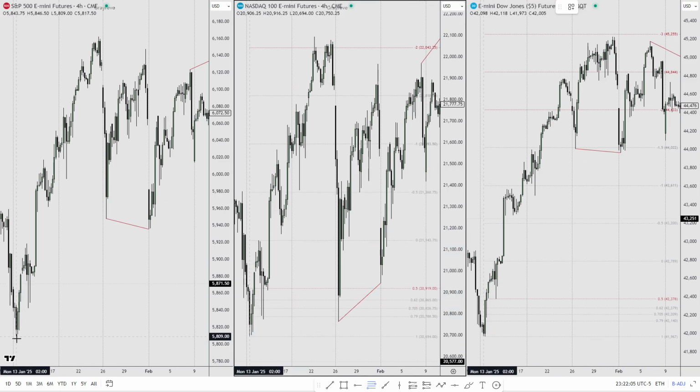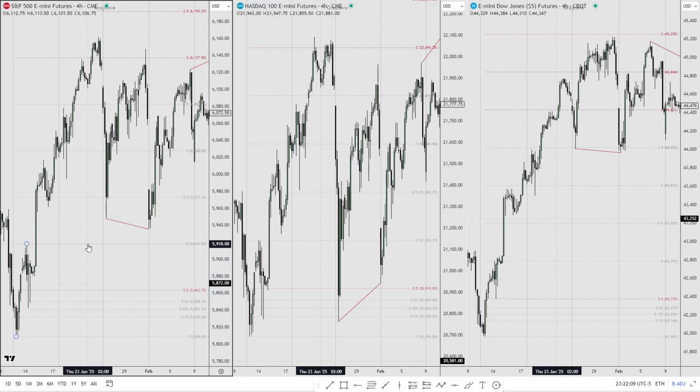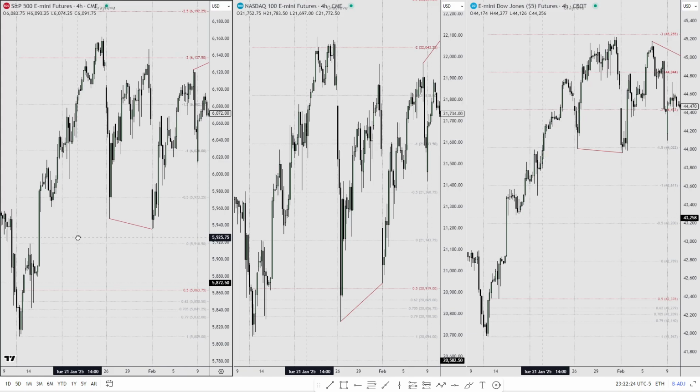And higher high. Order flow was still bullish on the higher time frames. Okay, so what do we look for? We have this OTE entry for both NASDAQ and ES before the run higher.